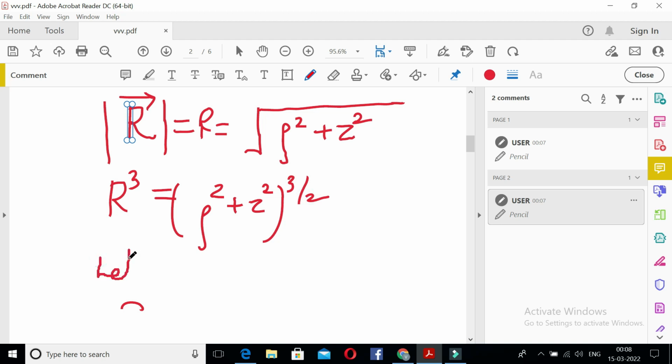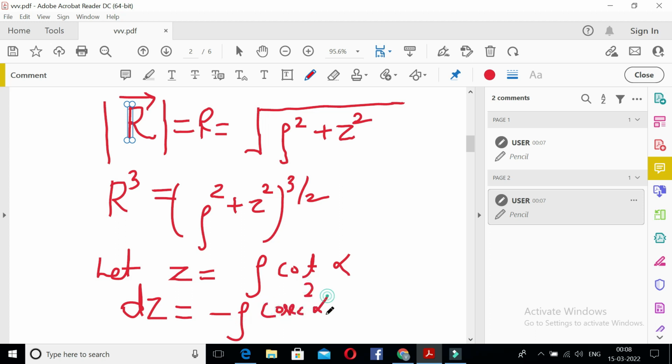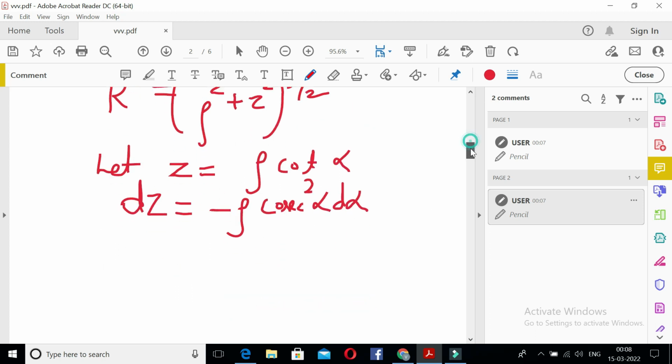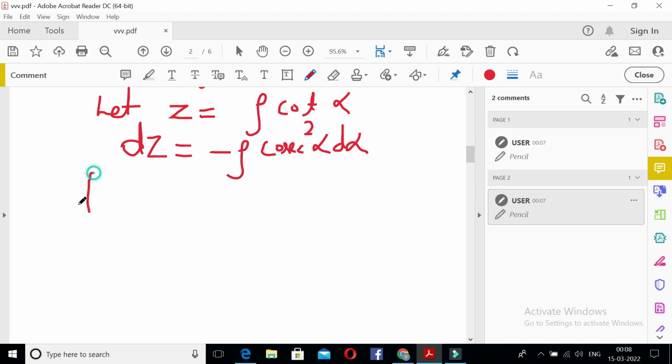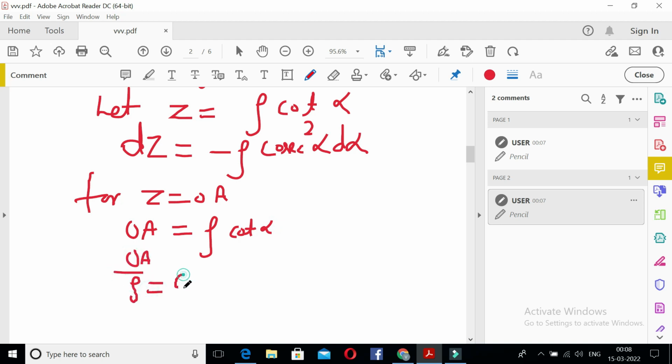Now let z be equal to rho cot alpha. Now dz is equal to minus rho cosec square alpha d alpha. For z equal to OA, the lower limit, OA is equal to rho cot alpha, and OA upon rho is equal to cot alpha, which is nothing but cot alpha 1.